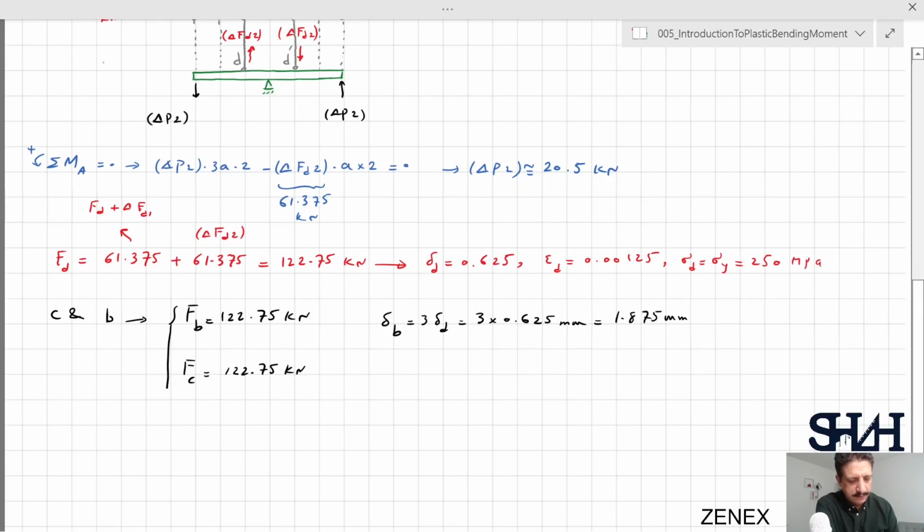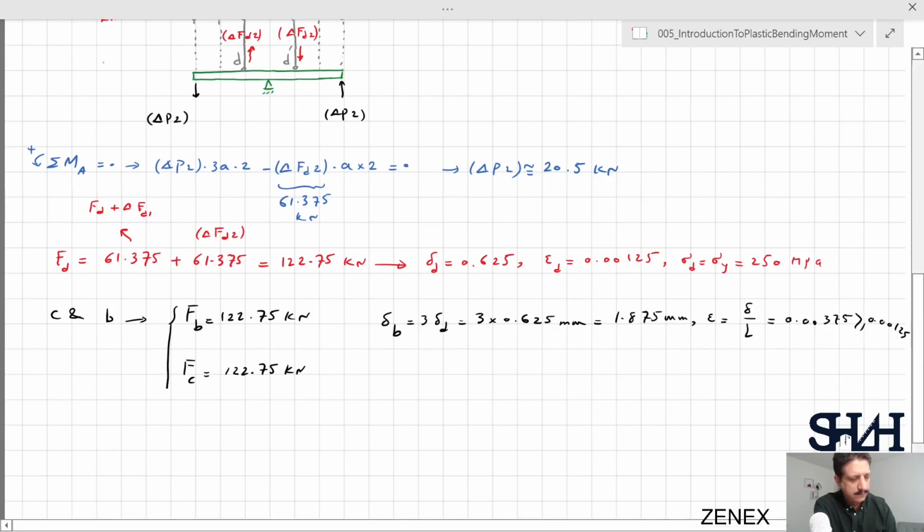So it will be 3 times 0.625 millimeter, 1.875 millimeter, and corresponding strain, you cannot use sigma divided by E. It will be delta divided by L. So it is 0.00375, and you can see that it's greater than 0.00125.